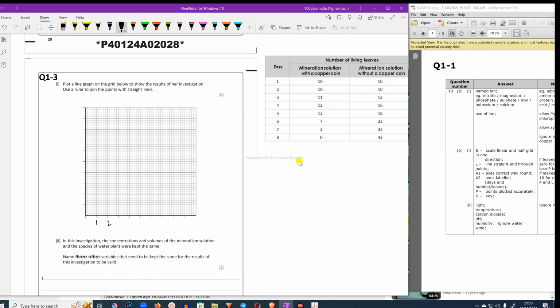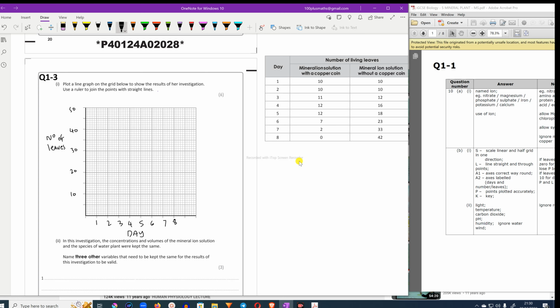Day 1, 2, 3, 4, 5, 6, 7, and 8. And this is day, and this is the number of leaves. Right, it goes from 10 to 40. So what can we do? 10, 20, 30, 40, 50. Okay, that works out nice.